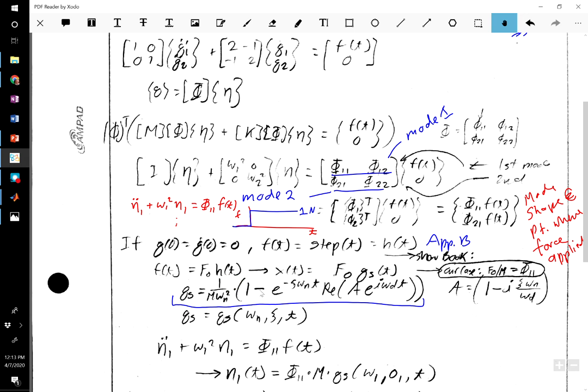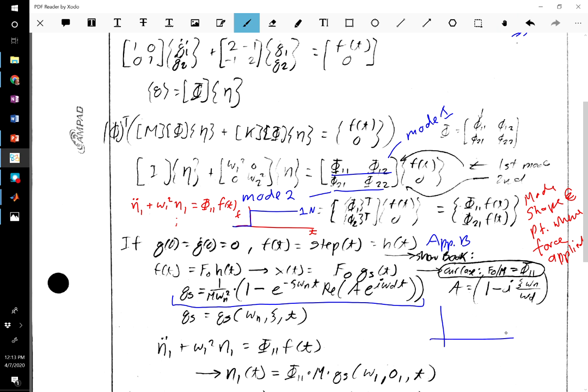And then we get this dynamic response that has a decaying term due to the damping, e to the negative zeta omega n t. And then this is the oscillating part with amplitude a. And the complex amplitude has a real and imaginary, or a sine and a cosine part. But anyway, that's our step response.